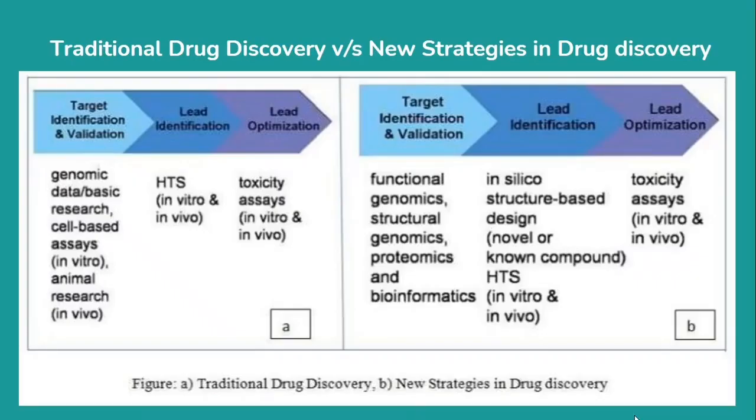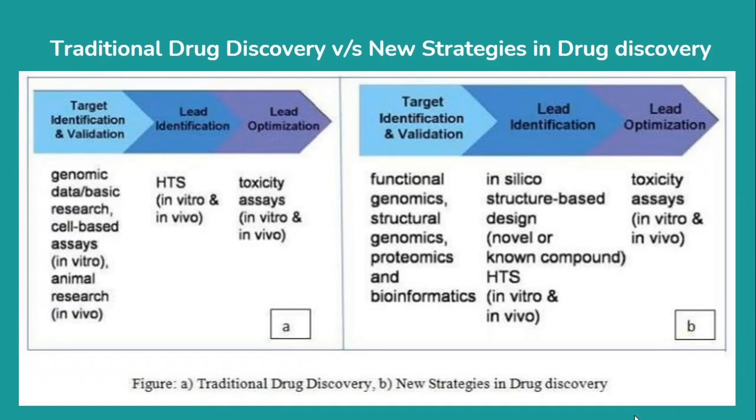Now let's see the differences between traditional drug designing and the new strategies in drug designing. The path to identifying and validating the drug candidate molecule is not a one-size-fits-all strategy for diseases.